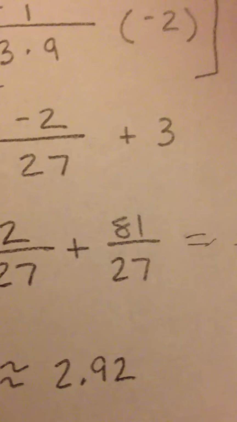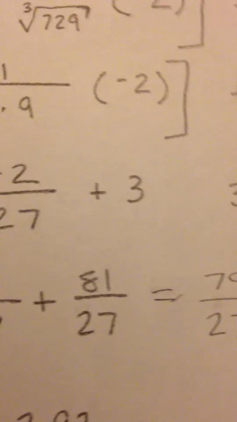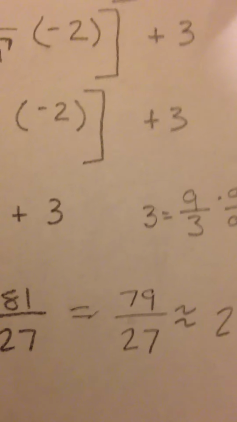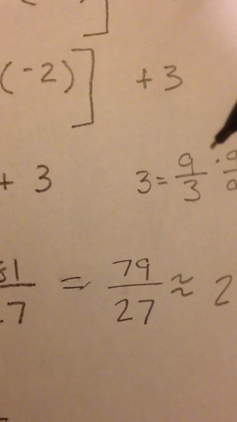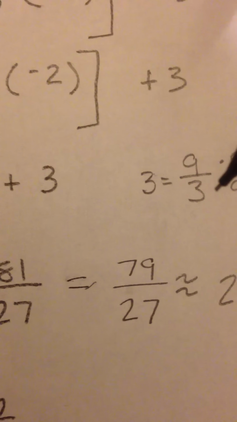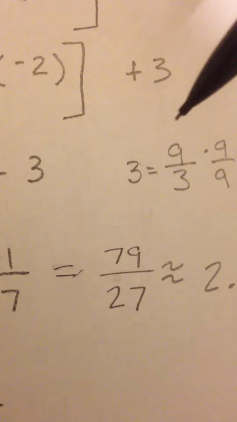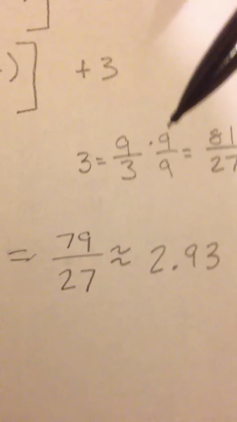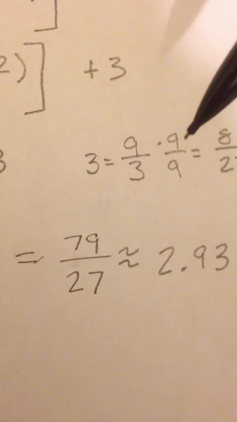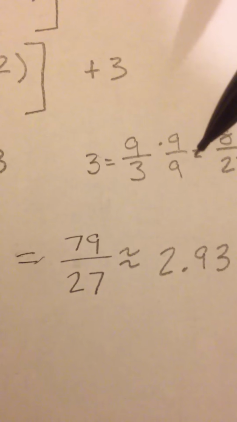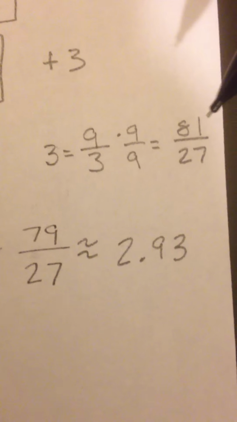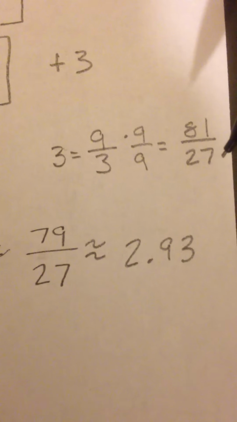Alright, since we're doing addition now, we need to find a common denominator. Well, 3 is the same thing as 9 over 3. And so there, we still have our 3, but we need a 27. So we multiply by 9 over 9, which is the same thing as multiplying by 1, and we get 81 over 27.